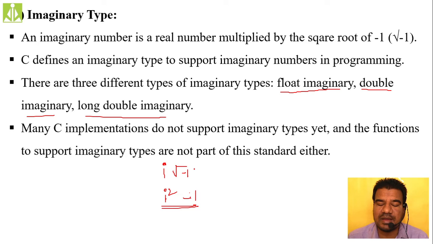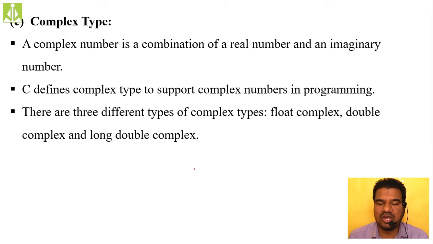So I am not going into depth, because I am not your mathematics faculty. I have to teach you programming over here, and just because this imaginary type is included in C programming, I am giving this idea over here. Okay, so these imaginary types are also categorized into three: float imaginary, double imaginary and long double imaginary.